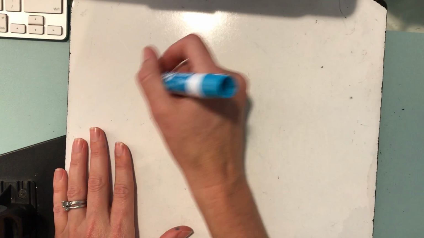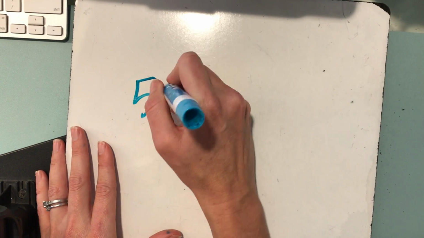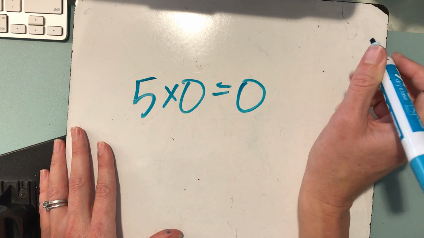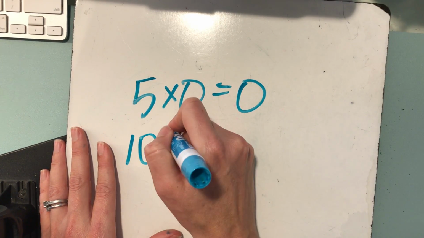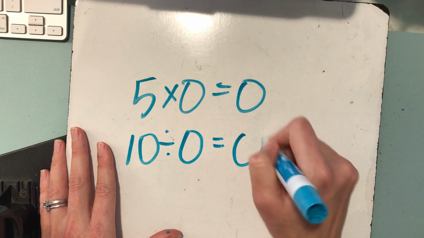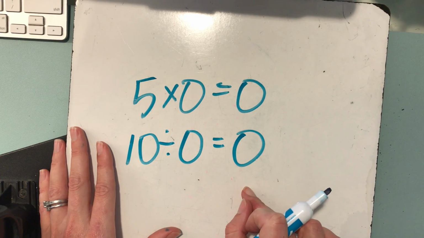Okay. Now, just like yesterday, I talked about how if we multiply and divide by 0, it always stays 0. So if I had 5 times 0, that would still be 0, right? If I had 10 divided by 0, that would equal 0, right? So anything multiplied or divided by 0 equals 0.